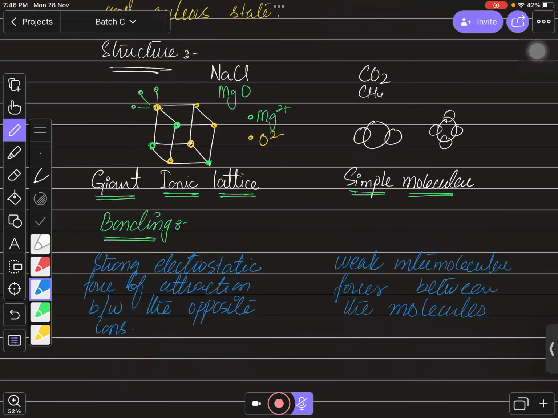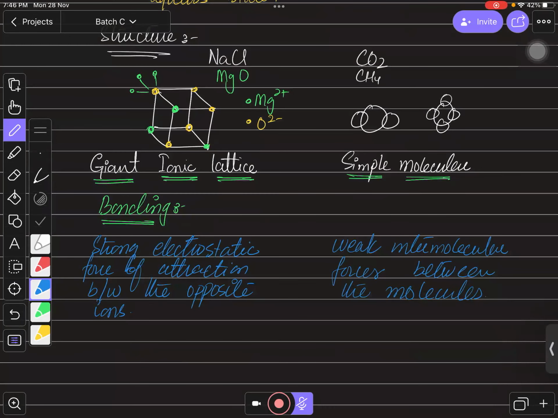Now just look at over here. What I'm going to show you is that the melting point of NaCl is 801 degrees Celsius. And if you talk about the chlorine molecule, it is a very simple molecule like this, and its melting point is minus 100 degrees Celsius, right? You can see the difference in melting point of these two.